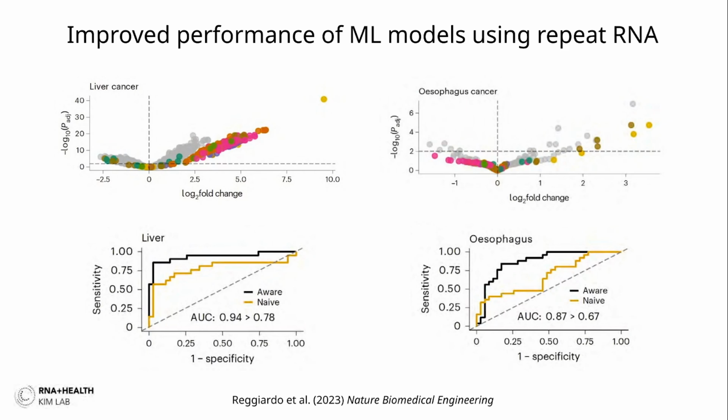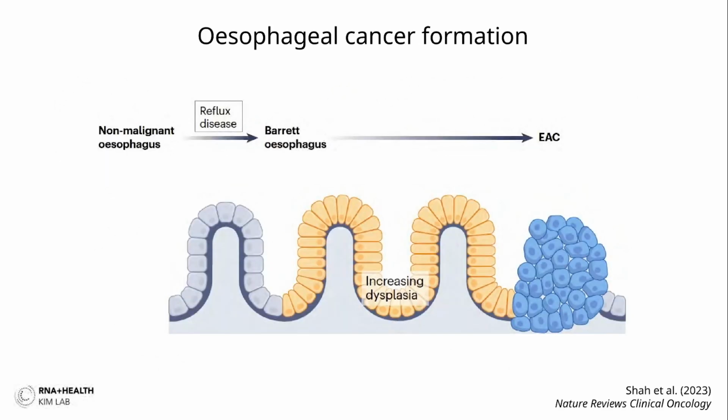But given the performance of the esophageal cancer model is not as good as, for example, the liver model or some of the other models that we've trained, we wanted to do a deeper dive into esophageal cancer to see if we could do better in terms of being able to identify these cancers. And so to do this, we collaborated with one of the world's leading labs in this space, which I'll talk about in a second.